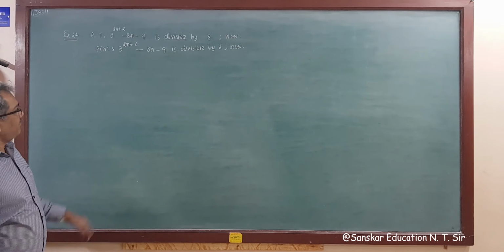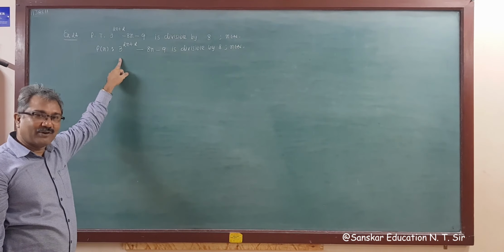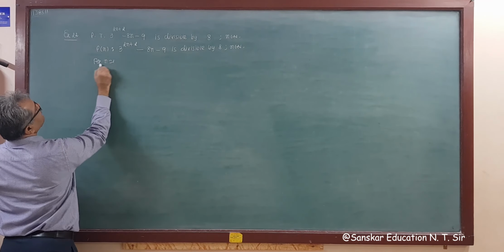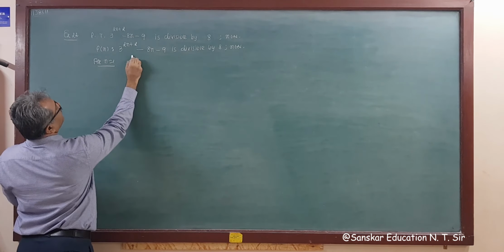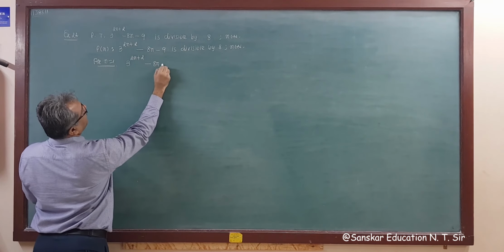So as usual, starting with n equal to 1, so first for n is equal to 1, 3 raised to twice n plus 2 minus 8n minus 9.